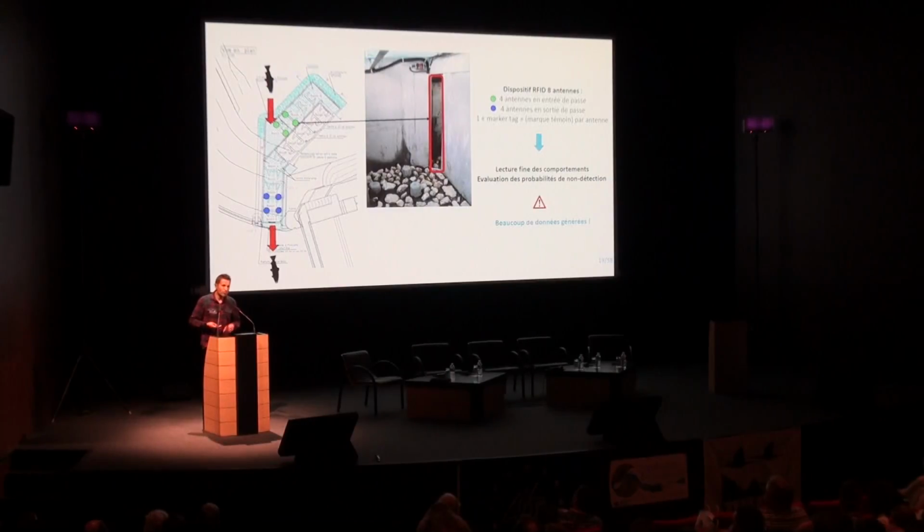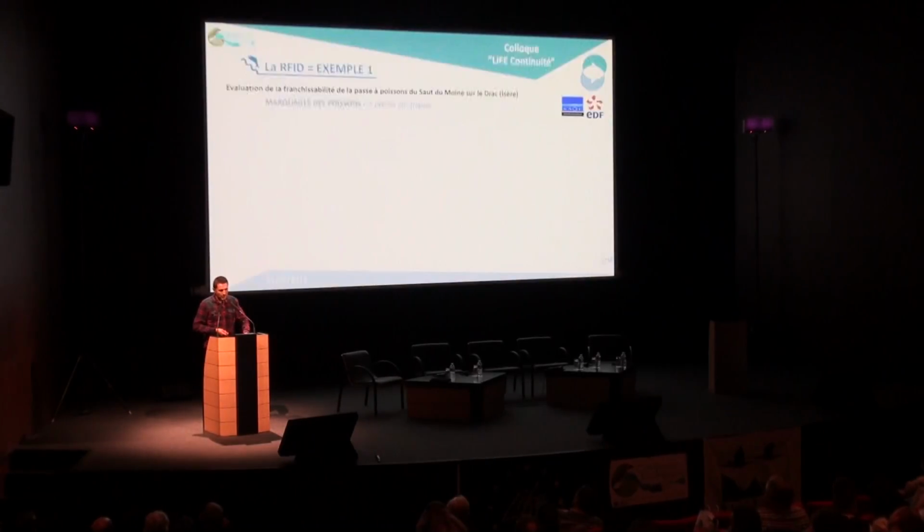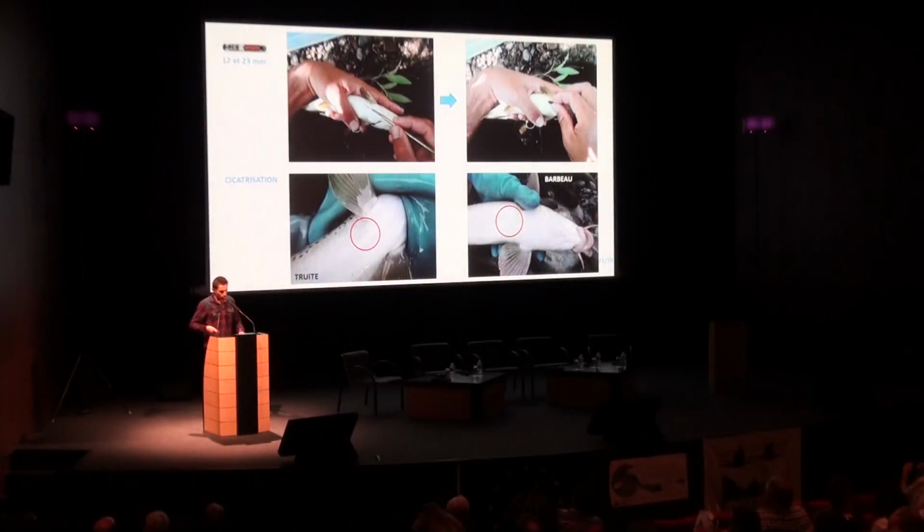So we can have an accurate reading and robust data. And you have got a lot of data, and you need to be rigorous in the way that you are treating this data.